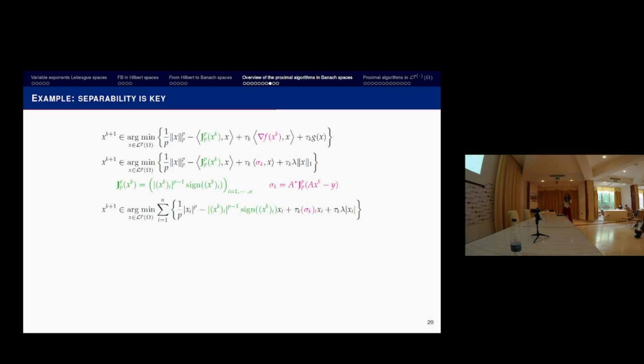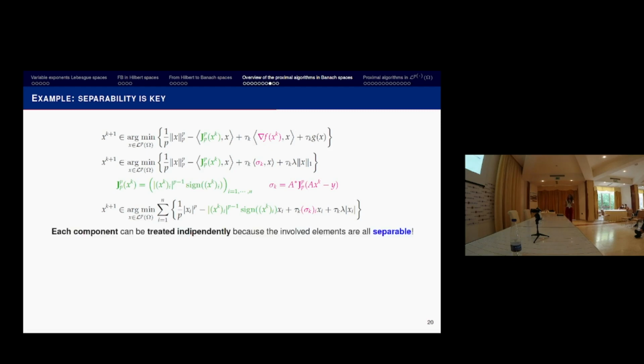And if we plug this quantity into the updating rule, we can see that we can go from an n-dimensional optimization problem on the first line to a one-dimensional problem in the third line, since all of these quantities are separable, and we can easily see that what we have in the last line only depends on the ith component and not on the others.